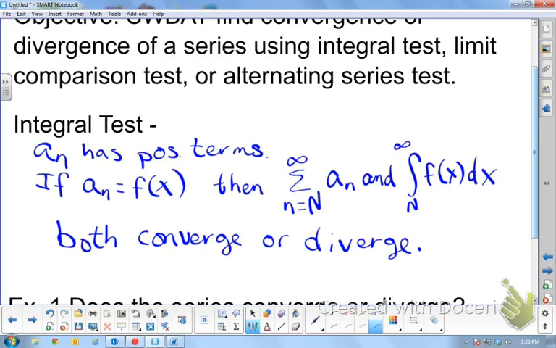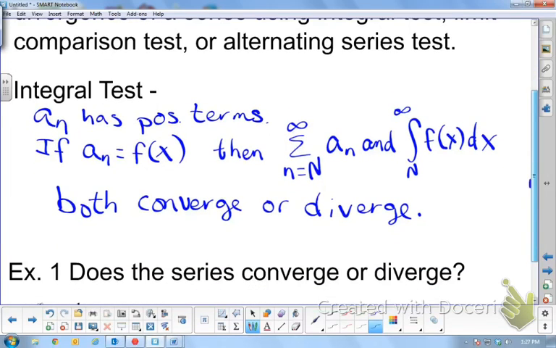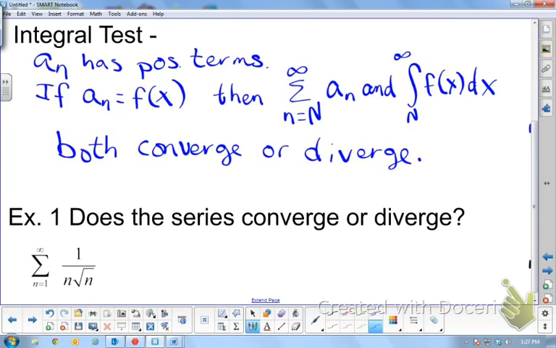Infinity had to be replaced with b, limit as b approaches infinity. So let's look at this example. Does this series converge or does this series diverge?